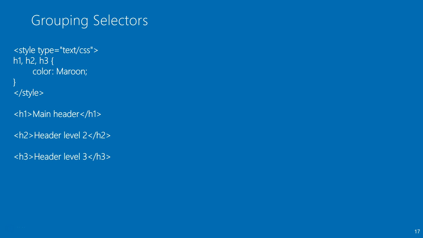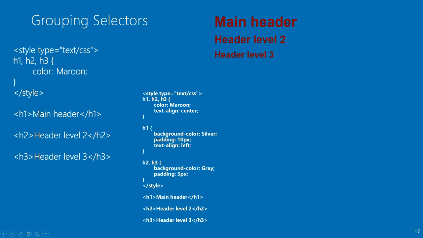We can also group our selectors. For example, H1, H2, H3. They can all be grouped together and their color is maroon, like this. Or they are all grouped in one, but their style can be overridden as well.